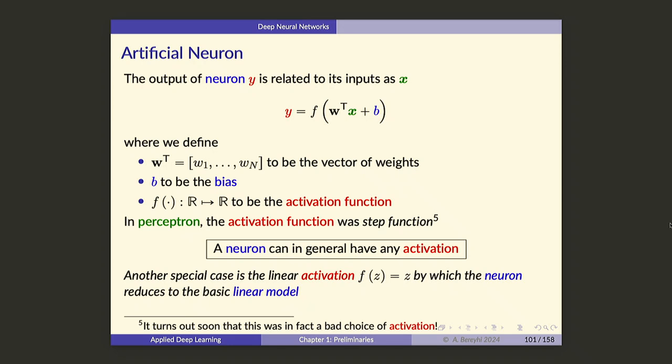You know it, just say it, don't worry. It's the linear model, exactly. So if I set f to be the linear function, then this artificial neuron is going to be the linear model, the one which we used for a dummy example, right? So the linear model and the perceptron are special cases of this. And in general, you can have any function, and then it's going to be an artificial neuron.